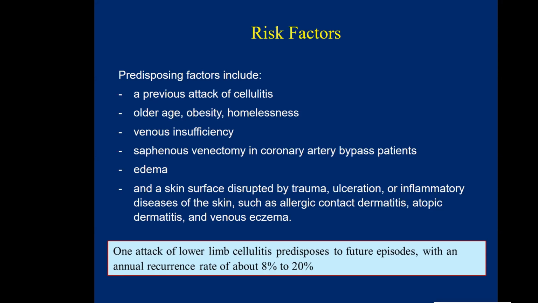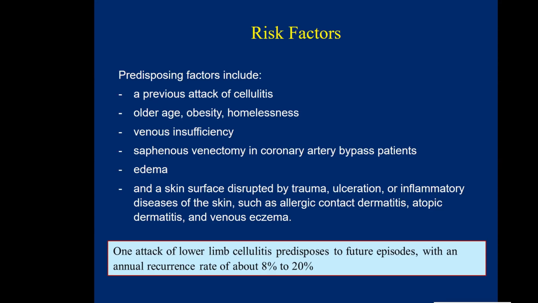Interestingly, we see a lot of patients that go for CABG over at Morningside. So the patients that have the saphenous vein grafted for CABG, edema, someone mentioned in patients that have congestive heart failure or cirrhosis and they have lower extremity edema, they have a higher risk for having cellulitis.